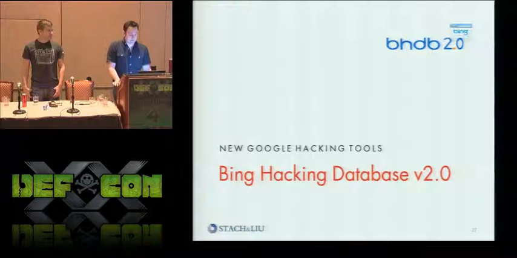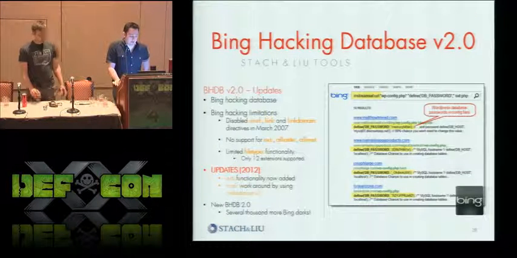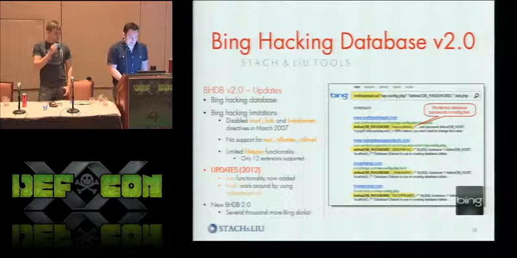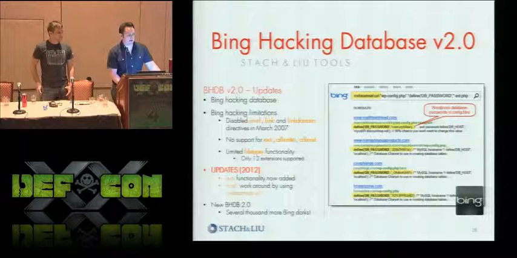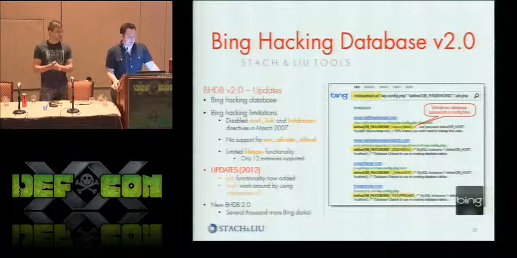So one other thing, and this is not so much a tool as an update to our main Bing hacking dictionary. One thing I want to note is that due to some recent updates in Bing's API, as well as some undocumented or poorly documented features, we have released an updated version, the Bing hacking database version 2.0.